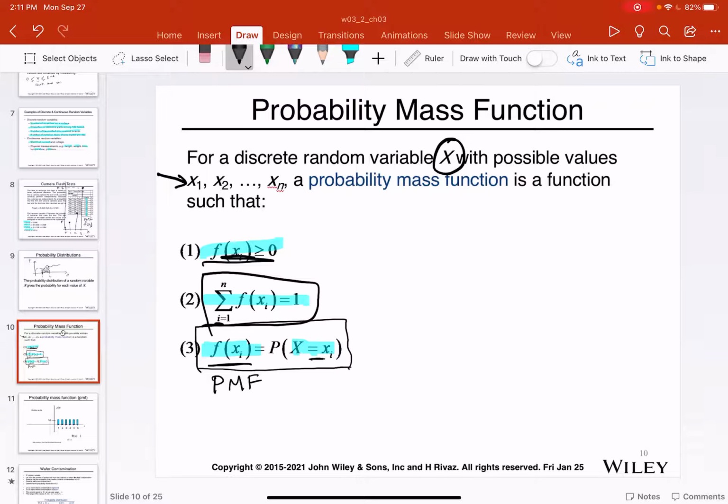If x is discrete, which is what we are considering here, f of x must be less than or equal to 1. I don't know why this slide is missing it. Probabilities are always less than or equal to 1 at maximum. So perhaps we can amend the first one: f of x is always between 0 and 1.